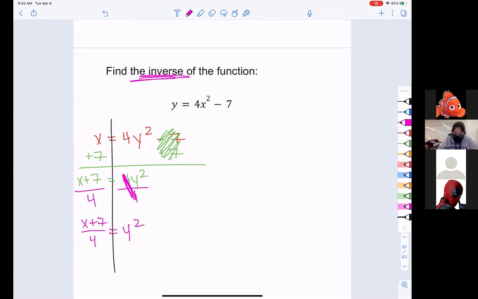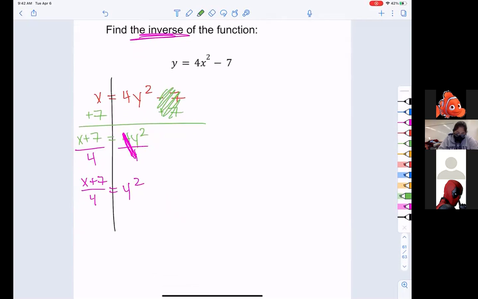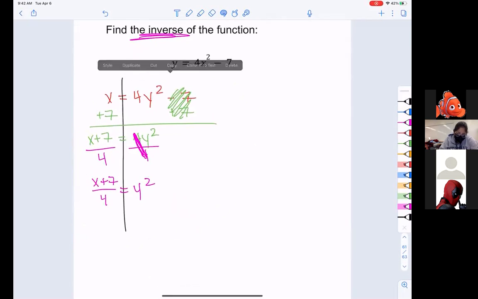Now, Brian, how do I get rid of this little bitty 2? Brian? I don't know. Yeah, you do. What's the opposite of square? Oh, square root. Very good. See, you did know.